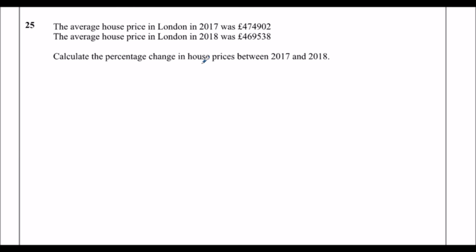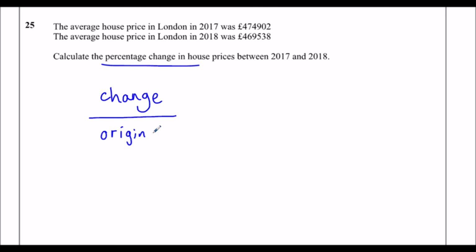Calculate the percentage change in house prices between 2017 and 2018. So for percentage change, we work out how much it's changed by, so the change divided by the original, and then times 100.